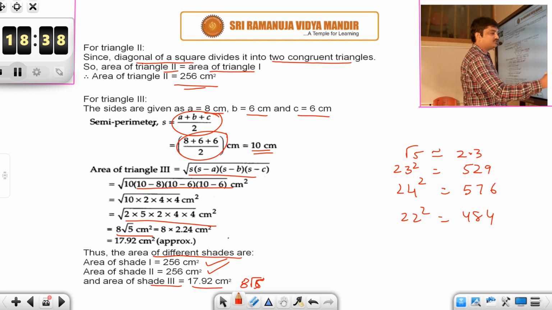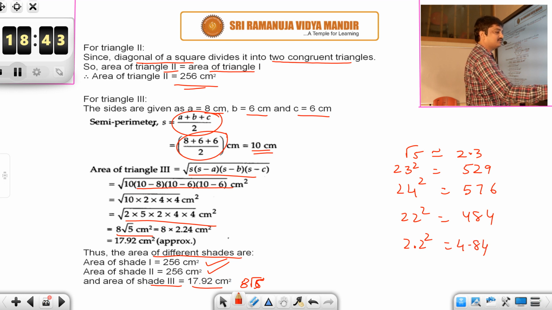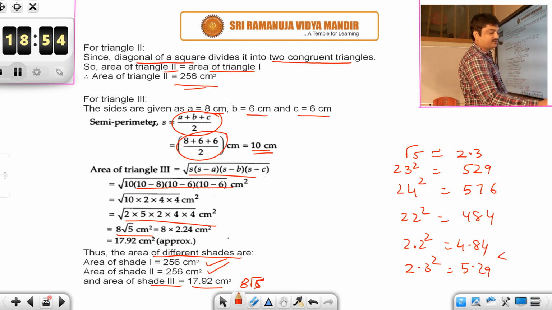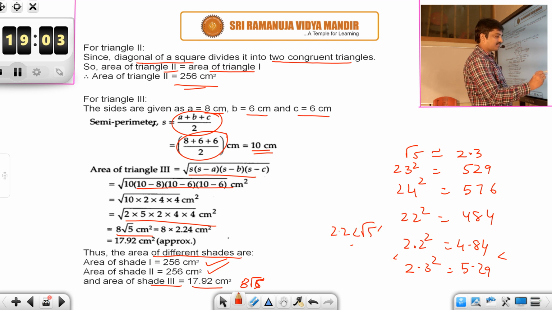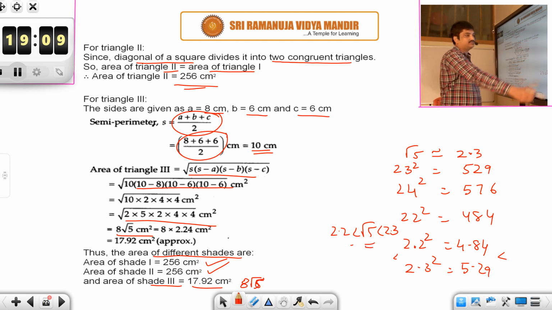Okay, so 22 square is 484, so 2.2 square will be 4.84, and similarly 2.3 square will be 5.29, and we know that 5 is in between 4.84 and 5.29. So the square root of 5 will be in between 2.2 and 2.3. Okay, so approximately it will be very near to this one. Leave the answer as root 5 or else.